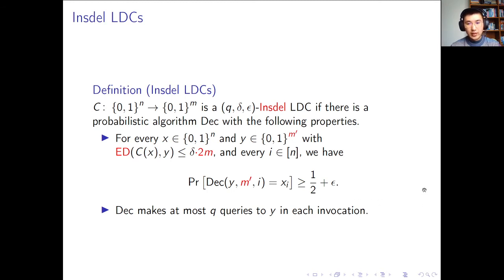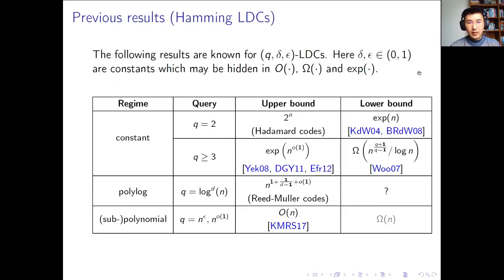Okay, so much about InsDel LDCs. Here's a table of what has been known for Hamming LDCs. So we have all these upper and lower bounds. And all these bounds are divided into 3 regimes according to the query complexity. In the constant query regime, we have 2 cases. When the query is exactly 2, we know that the Hadamard code achieves an upper bound of 2 to the n, and that's basically optimal.